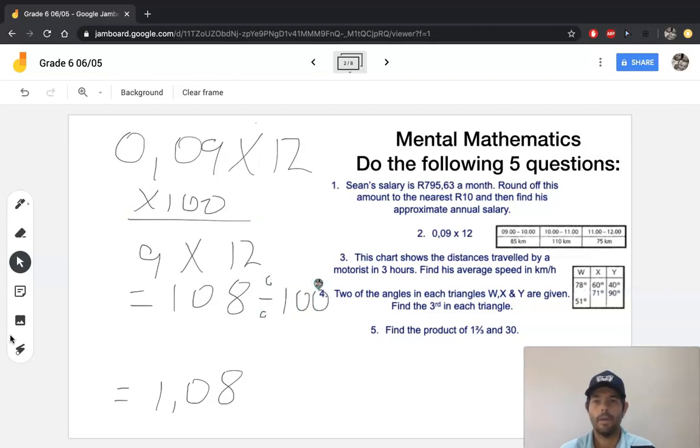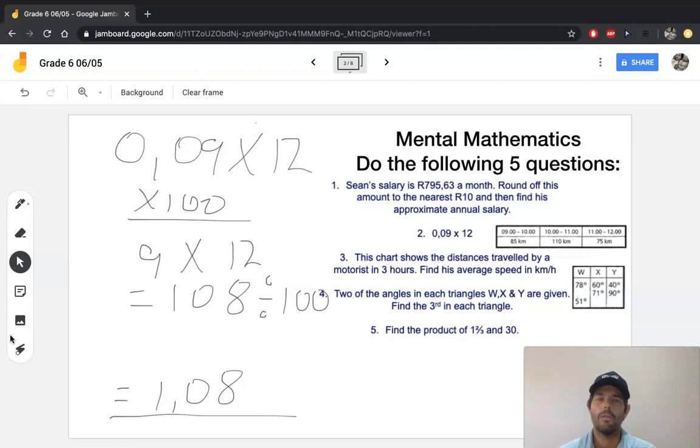And 108 divided by 100 gives me 1,08. So I think either converting it to a fraction or getting rid of the decimal by multiplying by 100 and then putting it back by dividing by 100 at the end will probably be your two most straightforward methods.